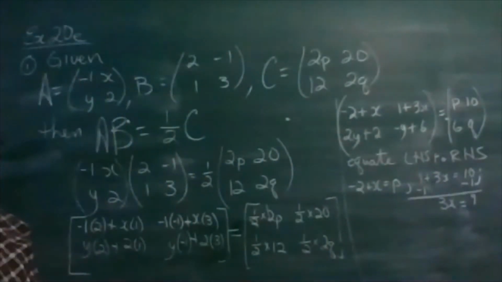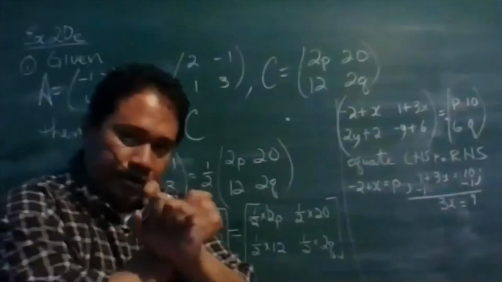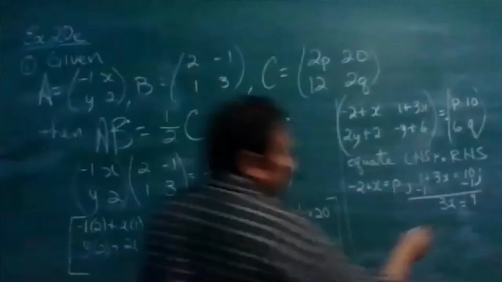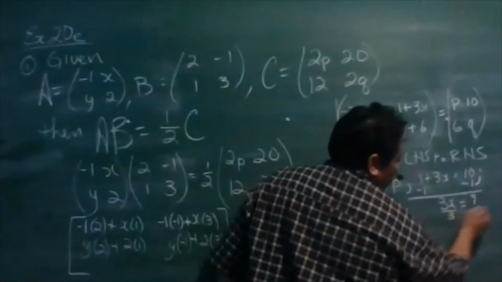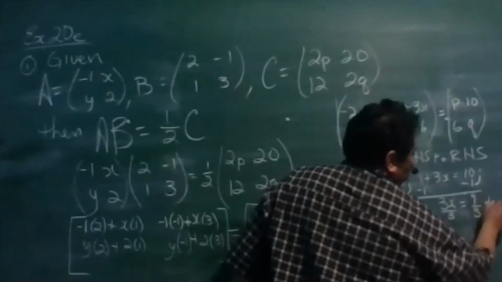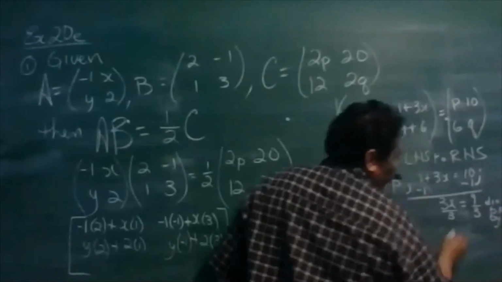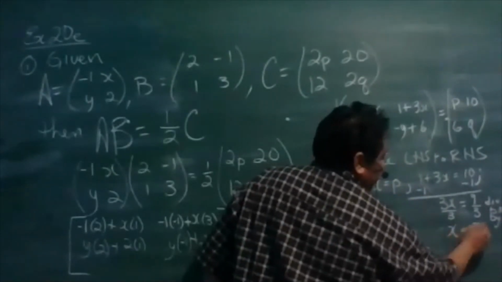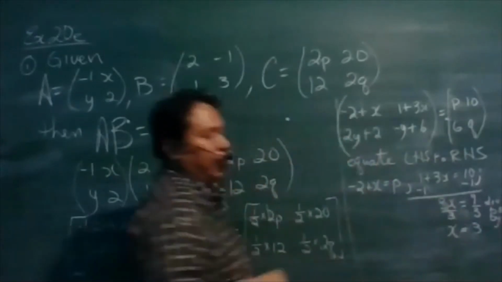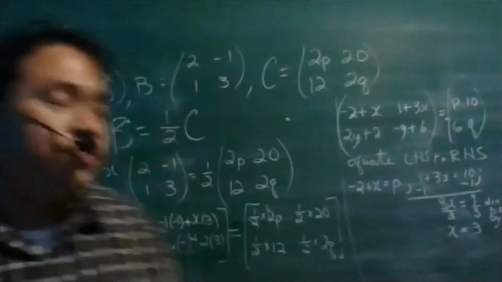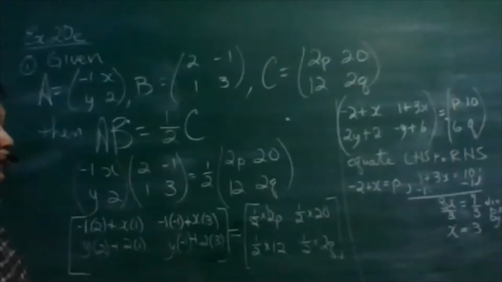But I want the value of x. So I'll divide both sides by 3. And this gives me that x is 3. Because 9 divided by 3 is 3.